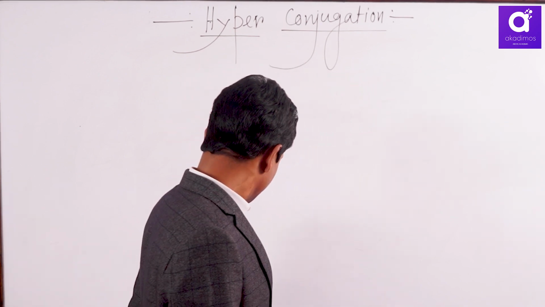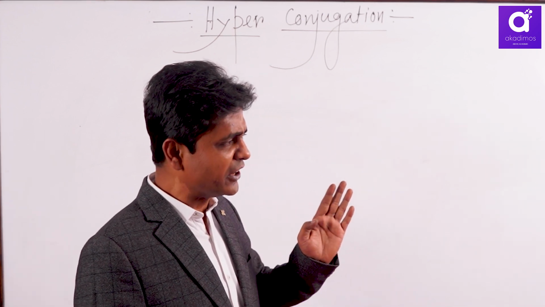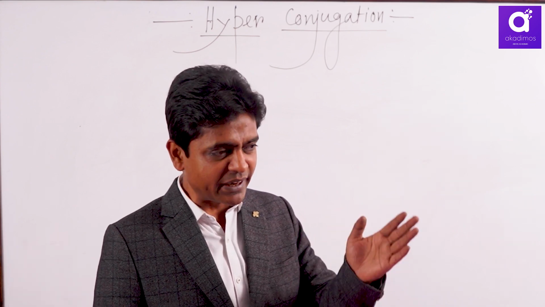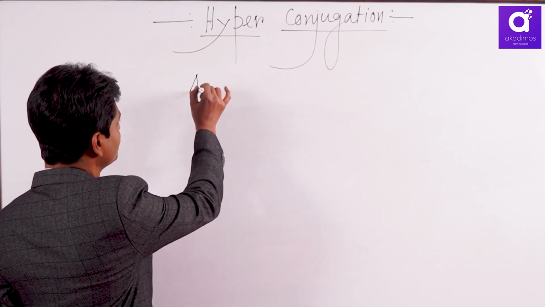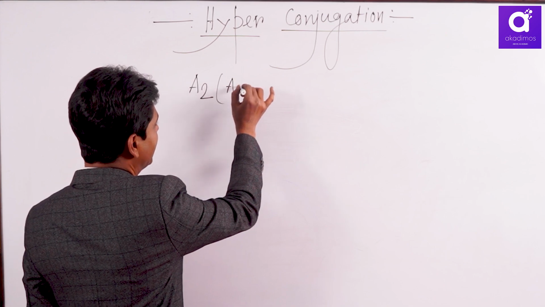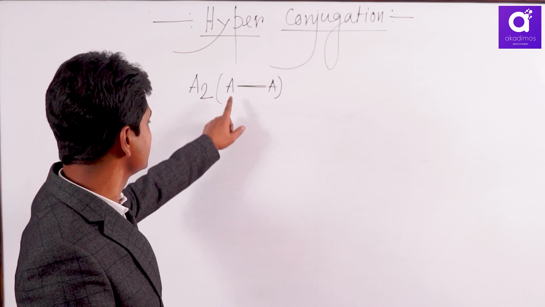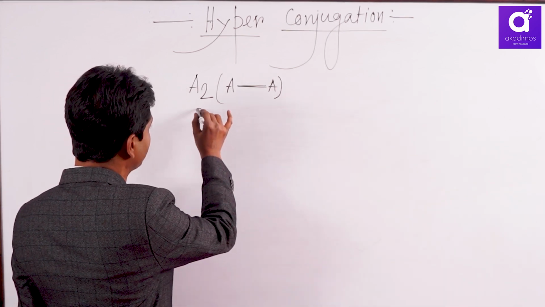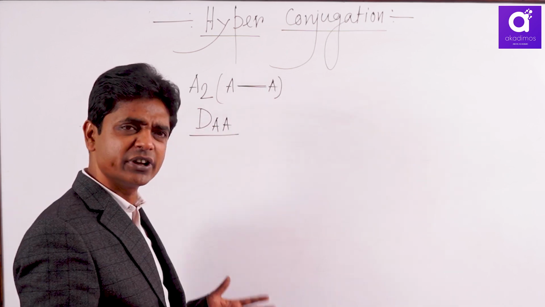And what idea you will get from this GOC part, that you have to know first. Actually, for an organic molecule or inorganic molecule, I am going to the periodic property chapter, you know, the Pauling scale of electronegativity. From that you will get an idea about inductive. There is a molecule A2, and there you will get an A-A bond. It is a purely covalent bond, since the two atoms are the same here. And let its bond energy be DAA, and this bond energy you will get by doing an experiment.